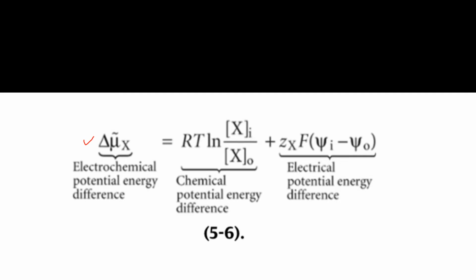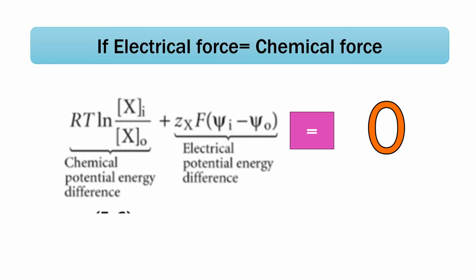We took the logarithm of it, that's why it is Xi divided by Xo, as the concentration is very small. So it is RT into the concentration difference, with the logarithm, plus ZF into the electrical potential difference, and it is equal to the electrochemical potential energy difference.